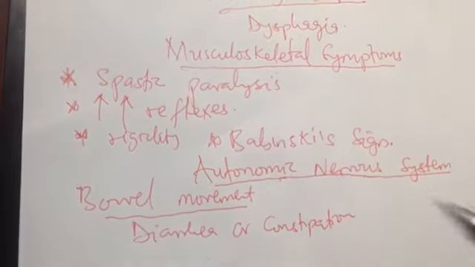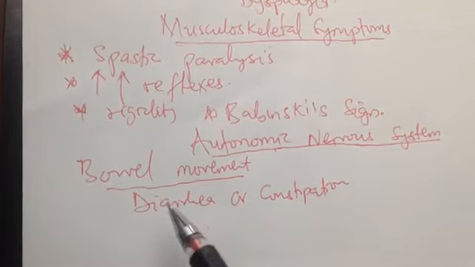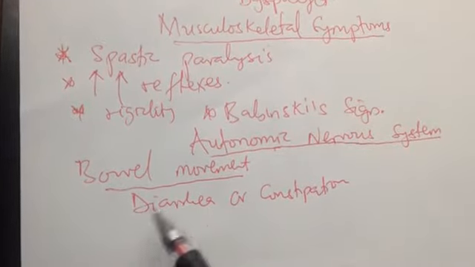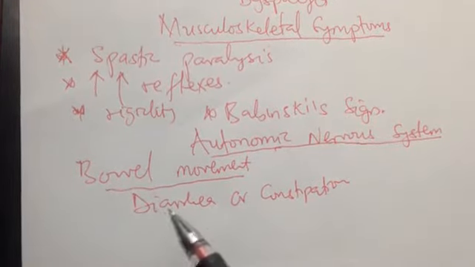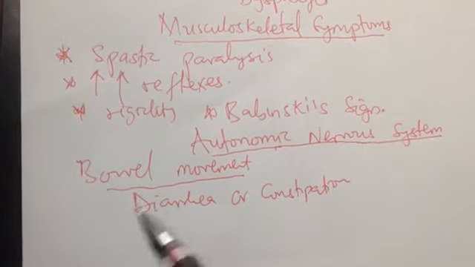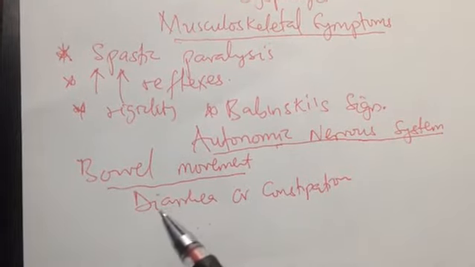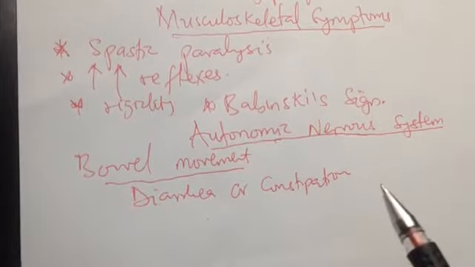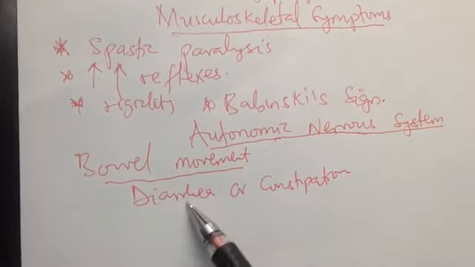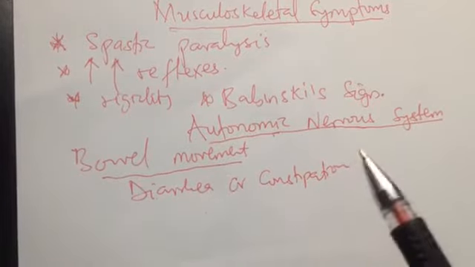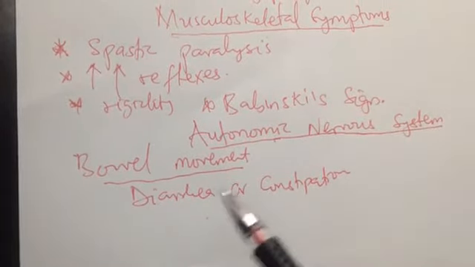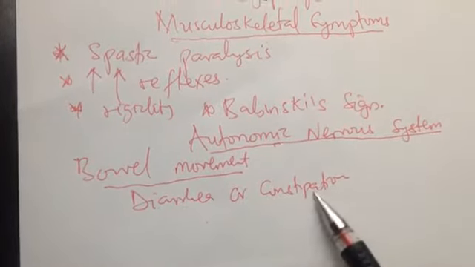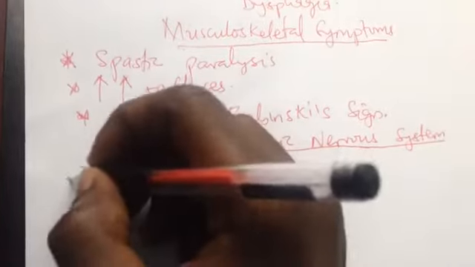Because if the sympathetic nerves that are inhibiting the bowel are more damaged than the parasympathetic nervous system, the patient will complain of diarrhea. But if the damage to the parasympathetic nervous system is more than the sympathetic, then definitely the patient will have constipation. So it depends on which one is more damaged than the other.